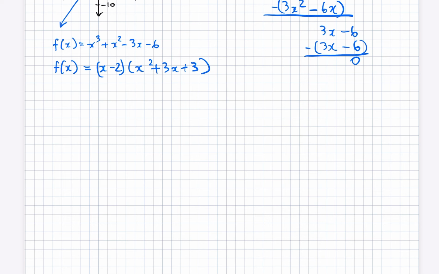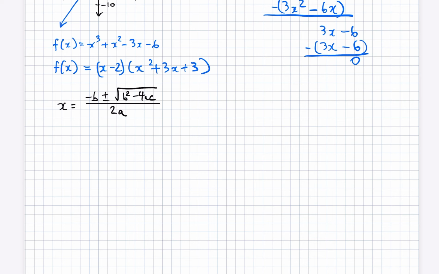So our last resort is to use the quadratic formula, and that formula is x is equal to negative b plus or minus square root of b squared minus 4ac all divided by 2a.